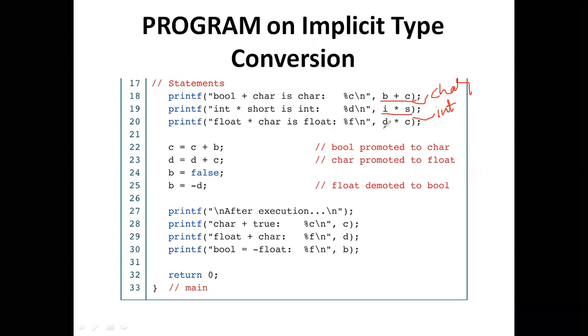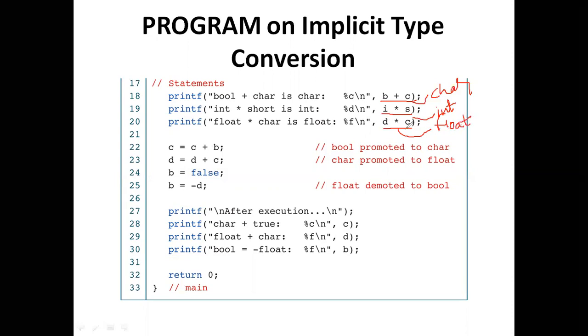Here D into C: D is a variable of type float and C is character type, so the expression value has been converted into float type.